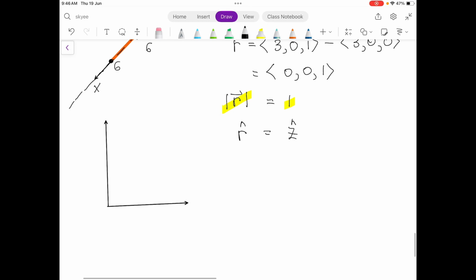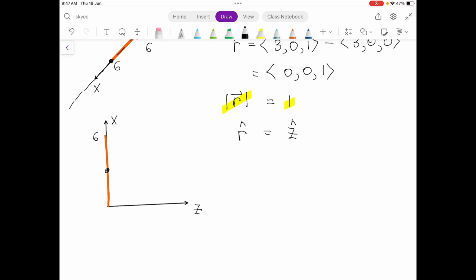In this case, I will label this as X and this as Z. My current filament is from 0, 0, 0, extending 6 units.